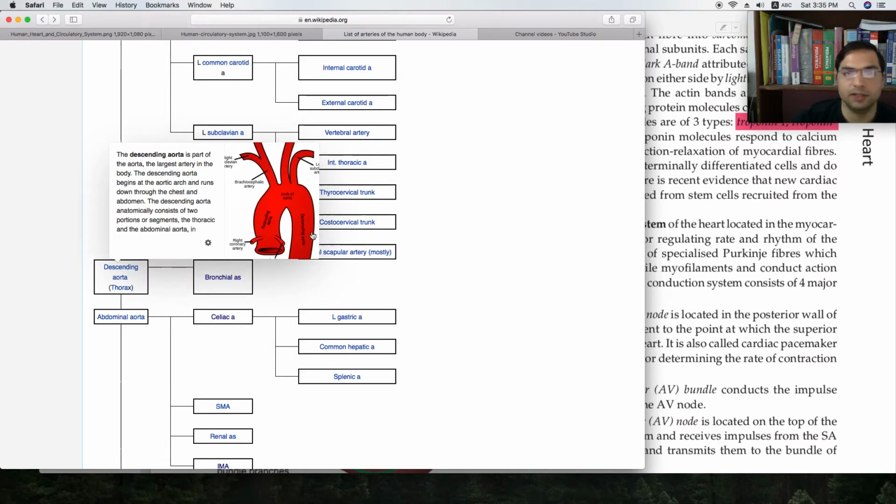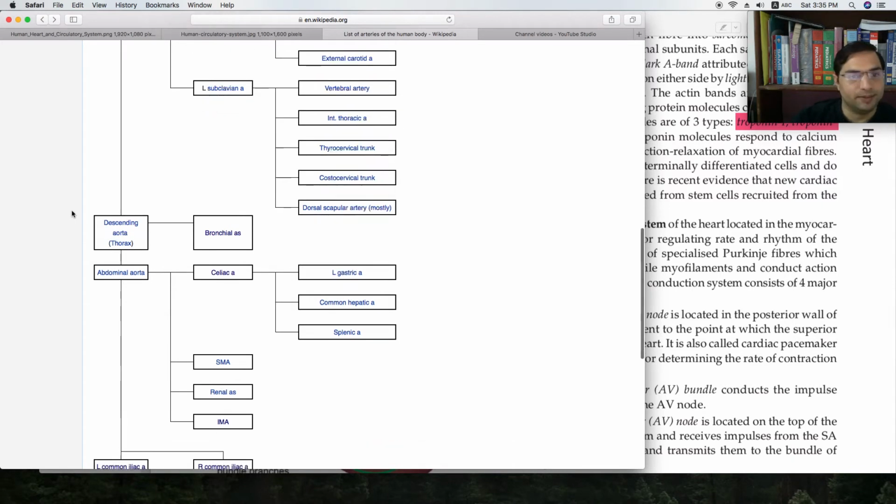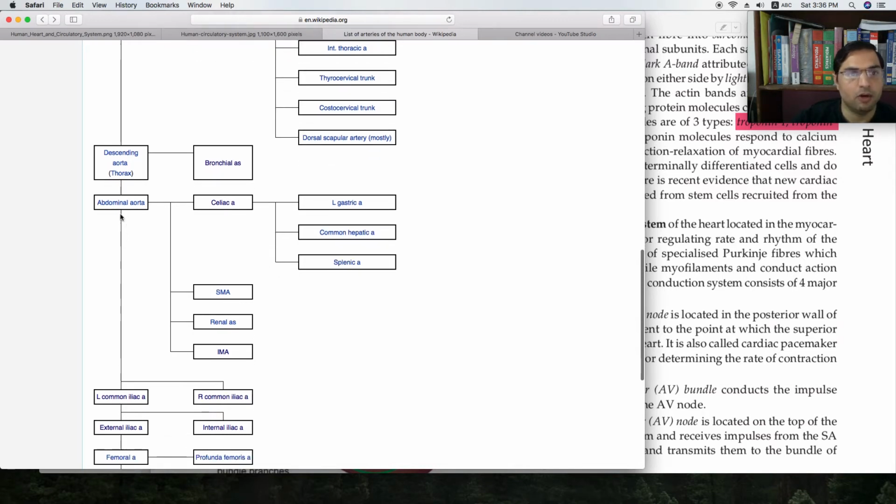To the lungs, it gives one bronchial artery, right? So lung has dual blood supply, one from the bronchial artery and one from the pulmonary vein, right? And when it descends down to the descending aorta or the thoracic aorta, and then it goes down and it becomes abdominal aorta. Now abdominal aorta gives its first branch as celiac artery, right? Celiac artery.